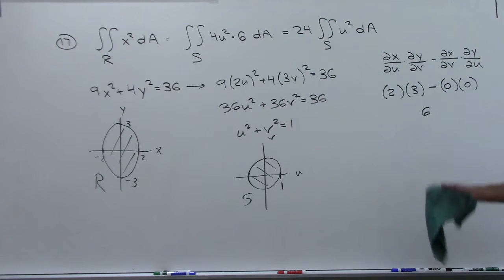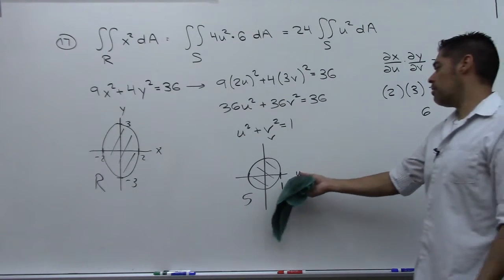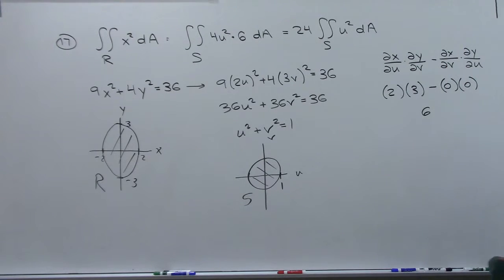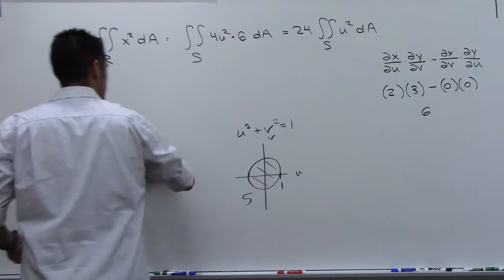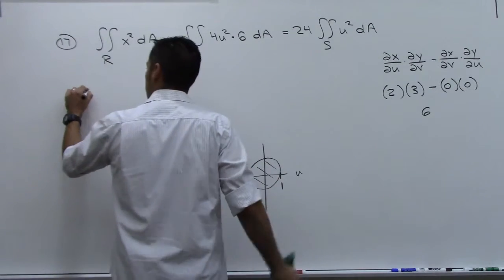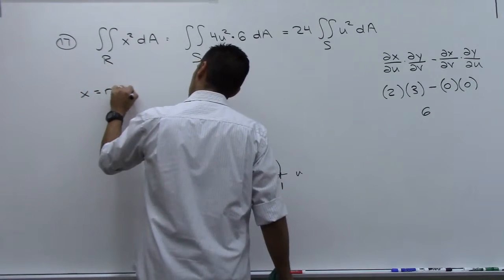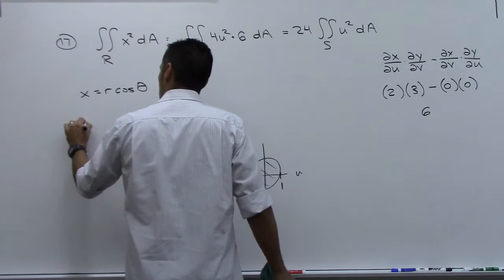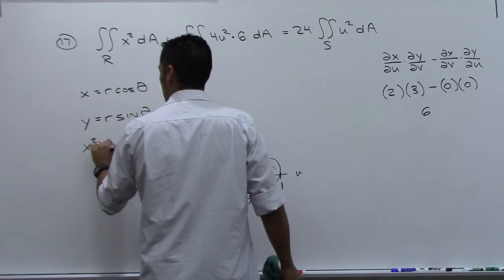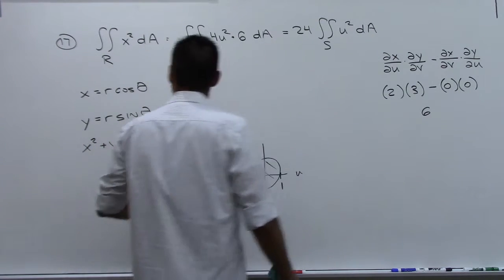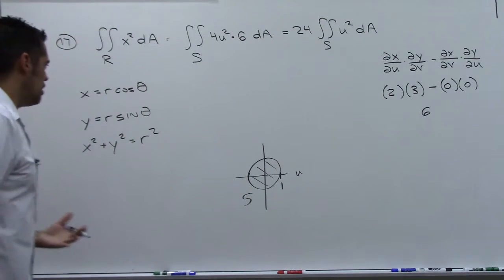And now I look at this region and I say, all right, well, I'm going to go to polar here. So to go to polar, remember that our polar transformations were things like this. X equals r cosine theta, y equals r sine theta, x squared plus y squared equals r squared. And that's all great when our variables that we're starting with are x and y.